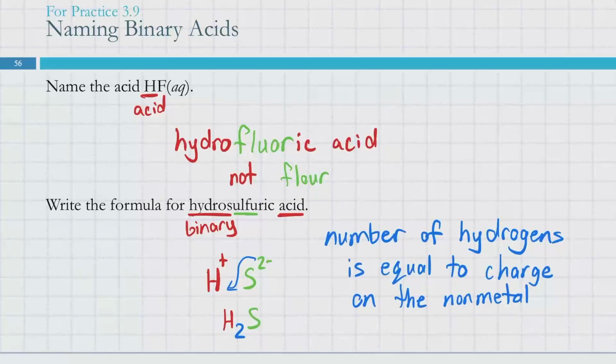We'll see a similar thing happen with oxyacids. With our oxyacids, we have an oxyanion. The oxyanion has a charge. We'll also need a number of hydrogens to balance out the charge on the oxyanion.